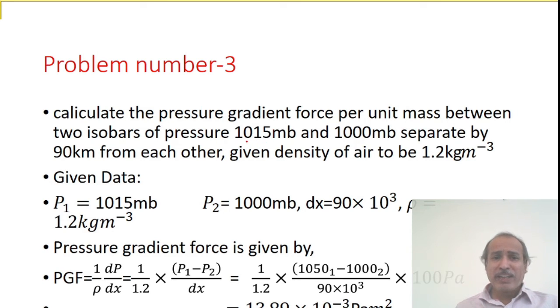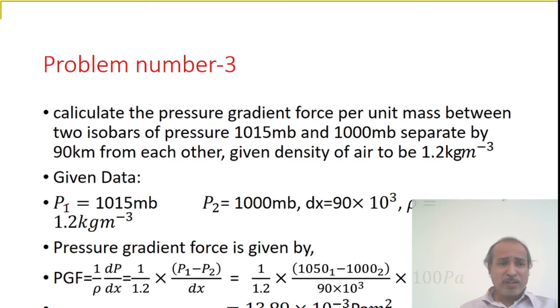Isobar P1 we take as 1015 MB, the other P2 as 1000 MB, which are separated by a distance of 90 km from each other. The density of air, you know, is 1.2 kg per meter cube.